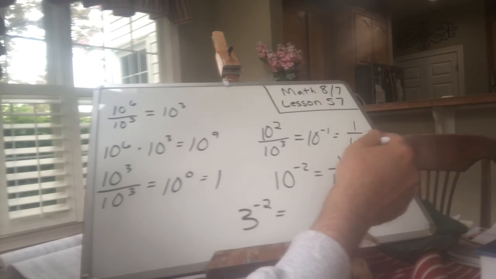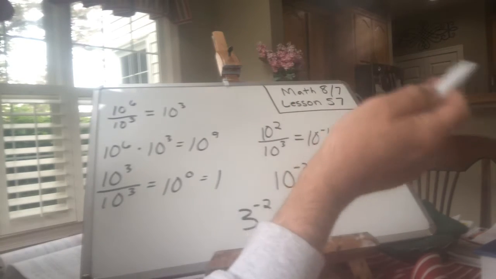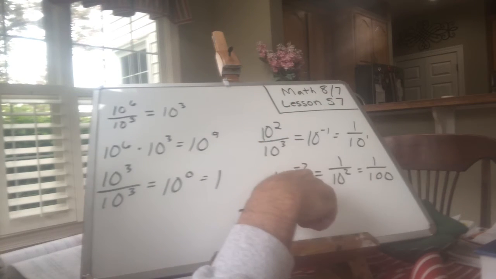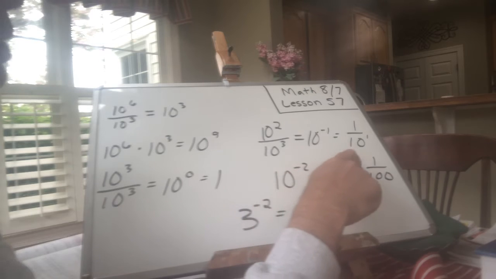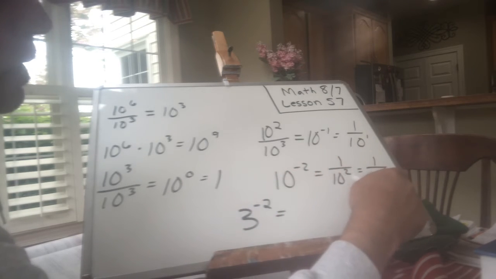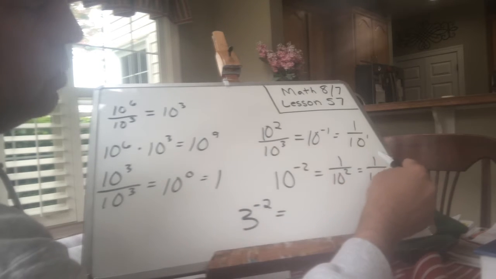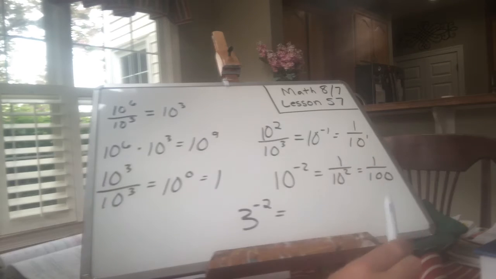So 10 to the negative 1 would actually equal 1 over 10, or 1/10. 10 to the negative 2 would equal 1 over 10 to the 2nd power. 10 to the 2nd power is like saying 10 times 10, which is 100. So this would equal 1 over 100.